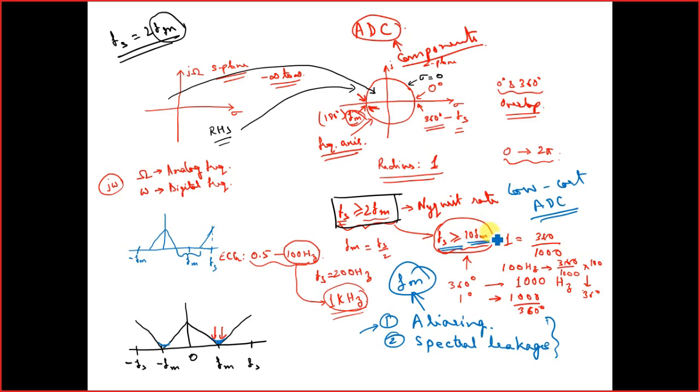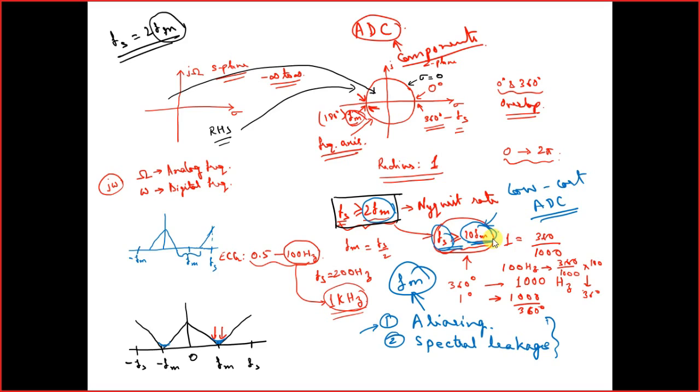Ideally, what should your fs be? Ideally the fs should be 2 of fm, but practically we have also seen in our lab that we have to keep fs sufficiently high so as to recreate the signal in the digital domain in a proper manner. Okay, in that condition we are keeping fs of 10 of fm.